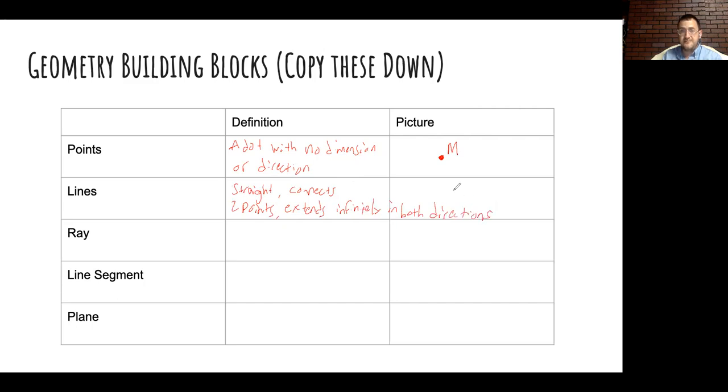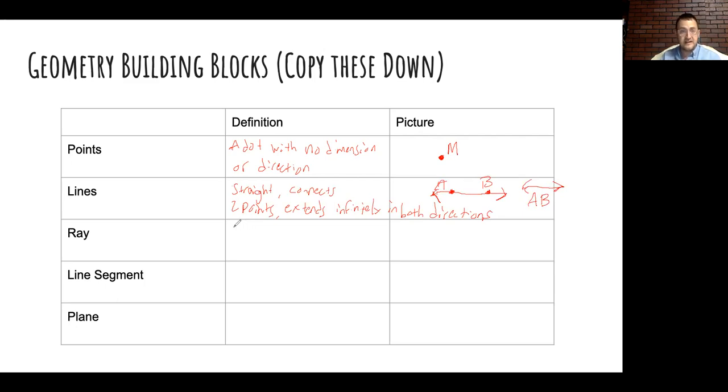So for instance, if I have a point A and a point B, I'm just going to connect A and B, and I'm going to go beyond point B. I'm also going to go beyond point A. And you want to also pay attention to the notation and make sure that you got this down. Your notation is 2 points with the line symbol on top.